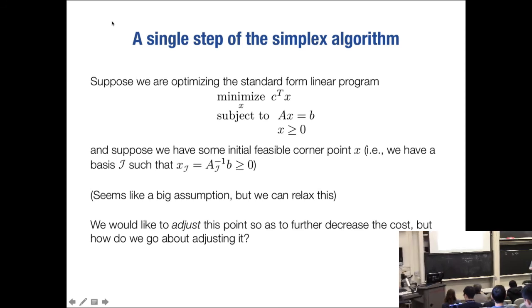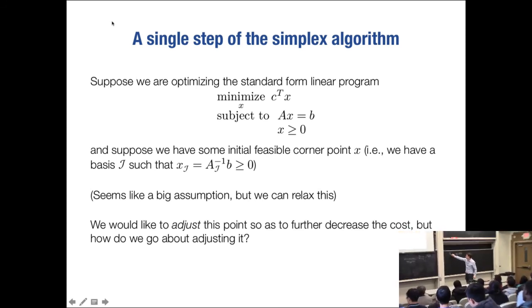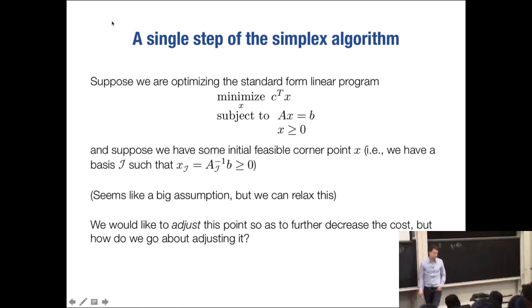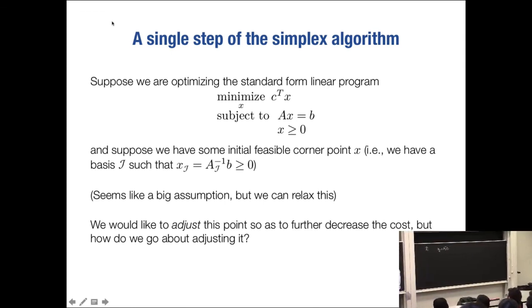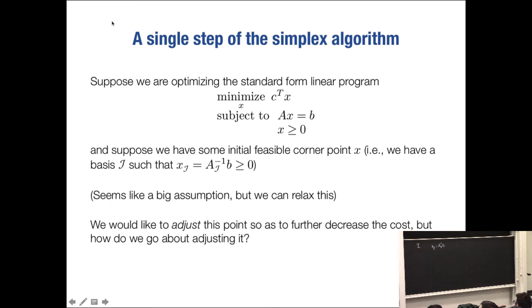So I'm defining it not in terms of the point itself, but in terms of the index that leads to that point. In fact, the simplex will operate mainly on that index set. It'll be adding and subtracting things from that index set, which is implicitly taking steps in the actual variable itself. But the main operations are going to be adding and removing elements from this index.